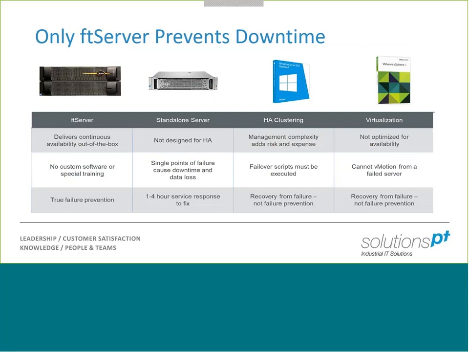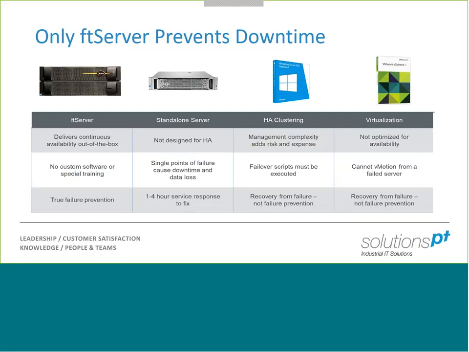So let's look at some of the other ways that people look to increase availability. So we're going to start with standalone server, second on the left there on the table. So if you imagine this is a single machine, so it's a single point of failure. It's never designed for high availability.